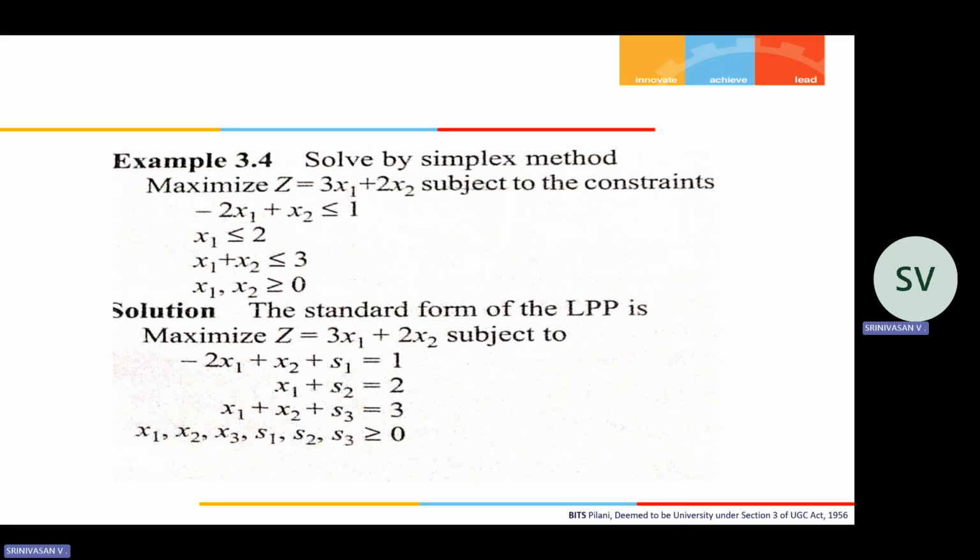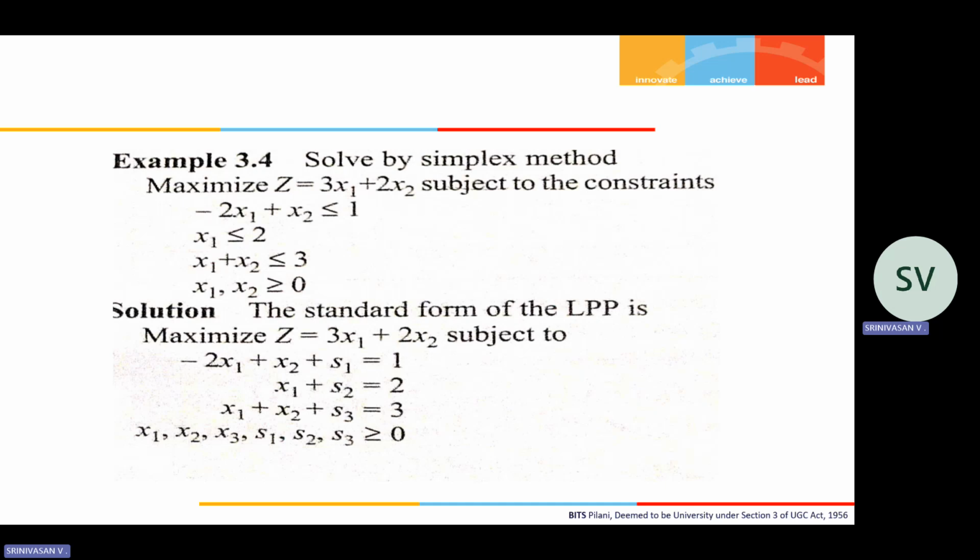For example, here you have two decision variables only, x1 and x2, but you have three constraints: minus 2x1 plus x2 less than or equal to 1, x1 less than or equal to 2, x1 plus x2 less than or equal to 3. These are the three constraints. And the last one will always be talking about the non-negativity of the decision variables, and also the slack variables, of course. Okay, right. Now solution.